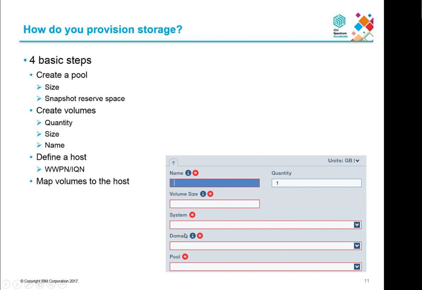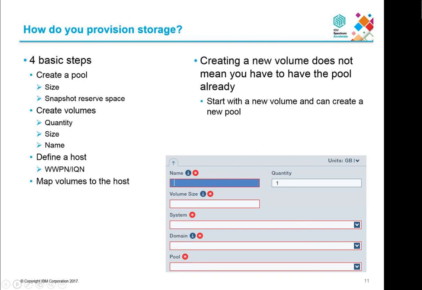The system has to know where to go, which domain on that system, and then which pool in that domain. I can start and create a pool as part of this process as well. So again, it's very flexible in terms of what you can or can't do.